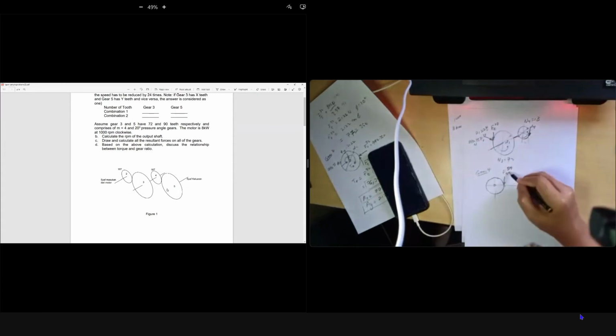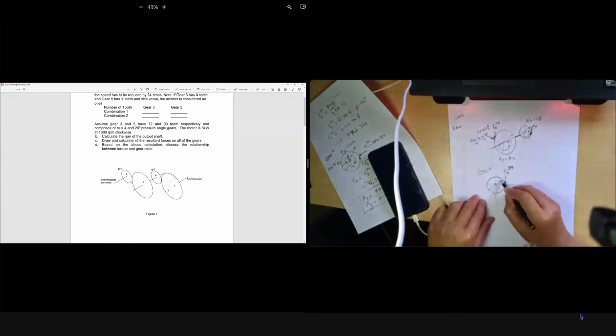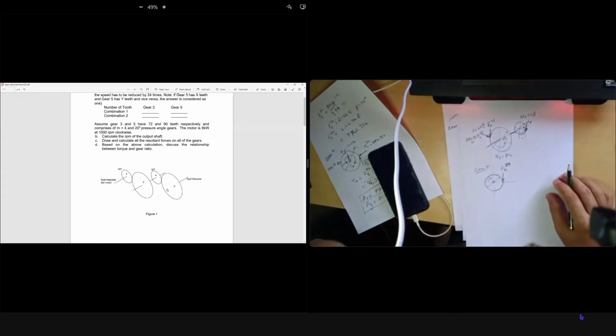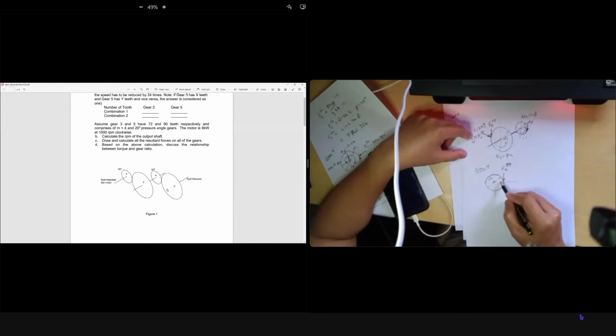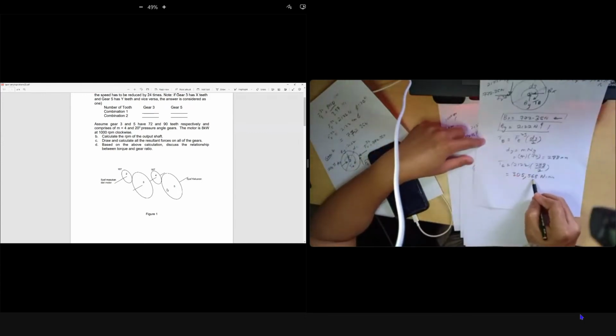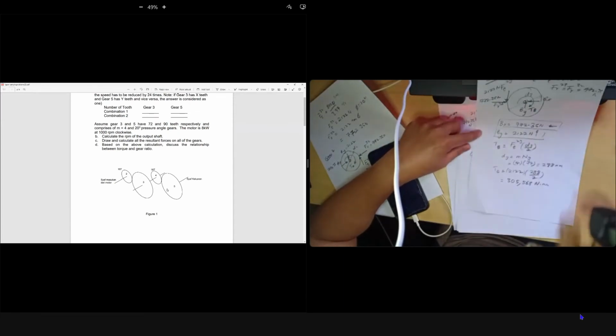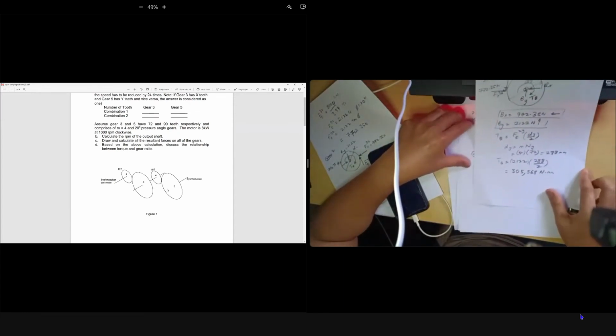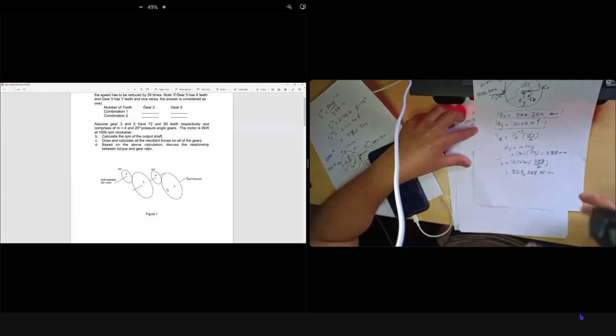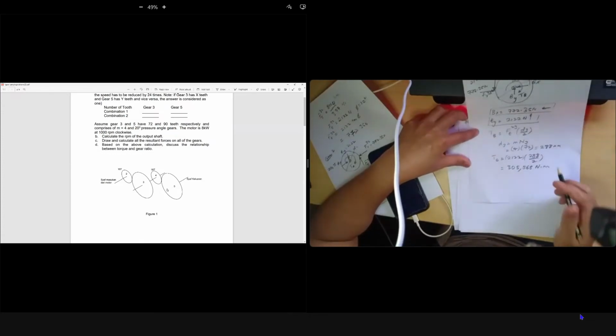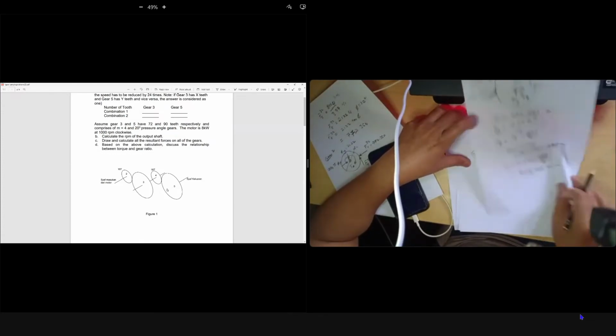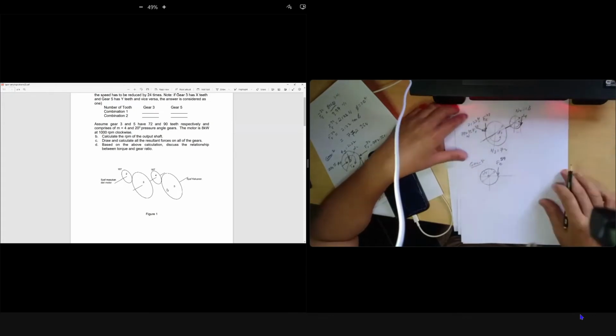It means this F tangent 5 to 4 times the radius of gear 4 equals the torque produced at gear 3, 305,568. Clear, class? That's how you solve it. Take note, in the exam this kind of question you cannot answer otherwise. I already discussed this. So the torque must be equal.